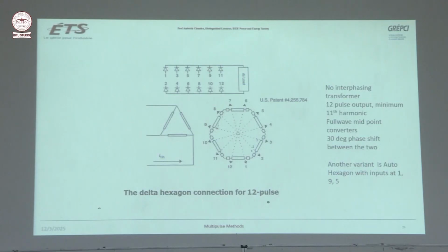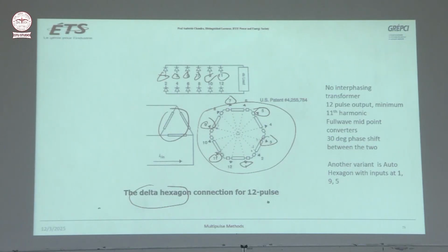Now if you see this delta hexagon, primary side delta, and this is the hexagon. So you can have the outputs 1, 3, 5, they are connected here, 7, 9, 11, all these output terminals are connected here, okay, and these 2, 4, 6, 8 are connected at this point.